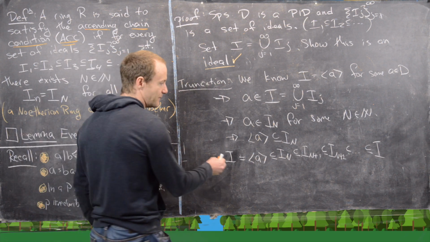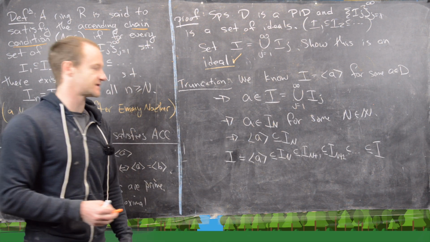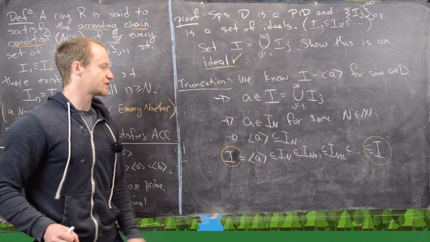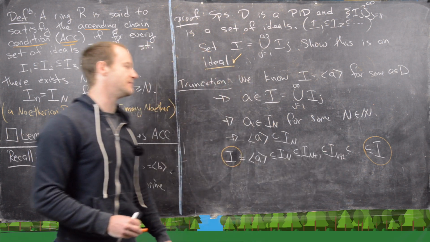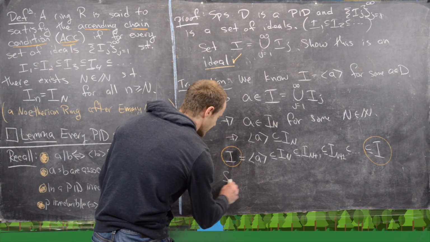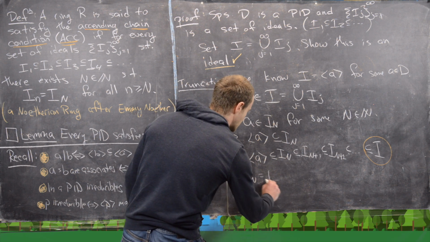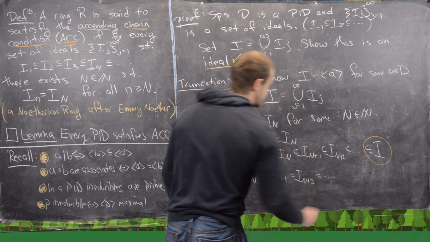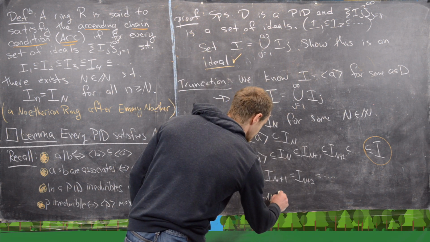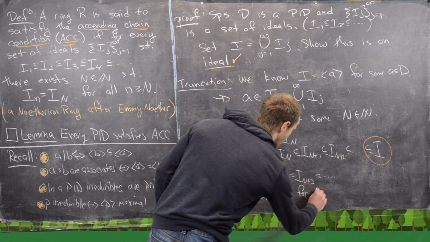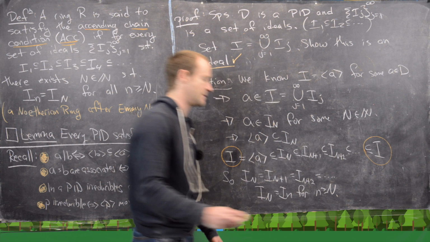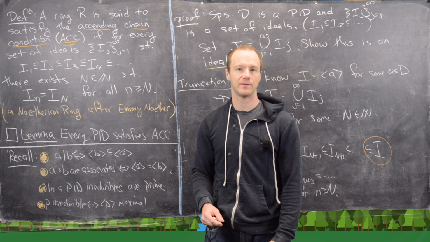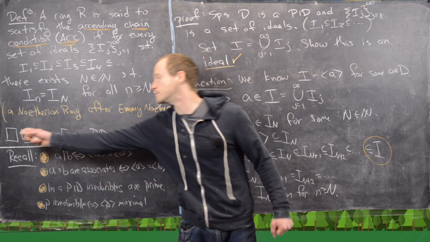But look, we've got a big long string of inclusions of sets starting at I and also ending at I. So what that tells us is that all of these in the middle have to be the same. So in other words, we have I_N equals I_{N+1} equals I_{N+2} equals so on and so forth. In other words, I_n equals I_N for all n bigger than or equal to capital N. But that's exactly the condition that we wanted to prove in order to show that every PID satisfies the ACC.